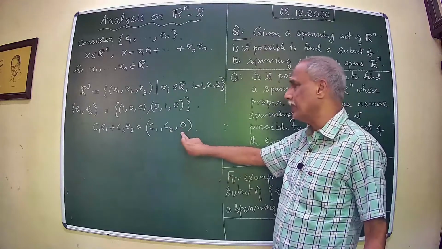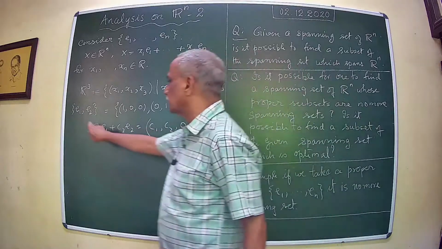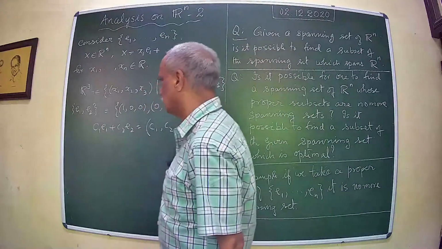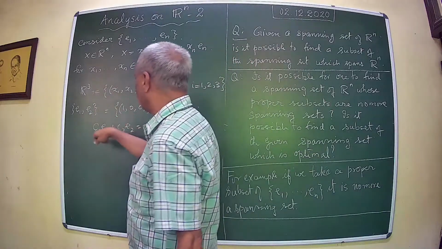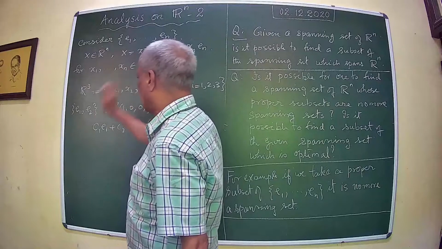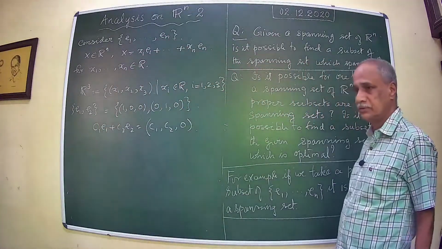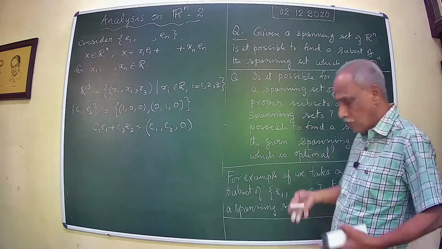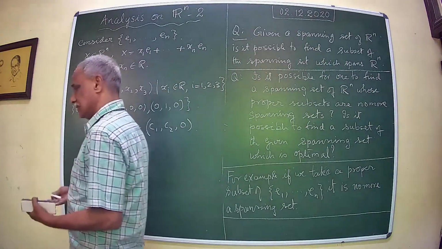If the third component is not equal to 0, then you cannot express it in terms of E1 and E2. So also if you drop, say, E2, or if you drop E1, now any proper subset cannot span it. But if you have all the three, E1, E2, E3, then it does.